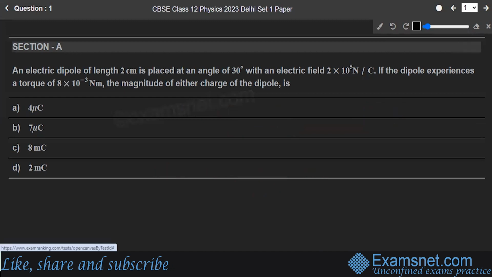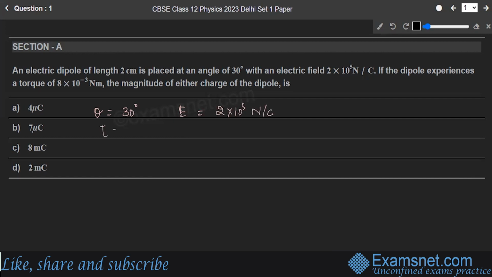It says an electric dipole of length 2 centimeter is placed at an angle of 30 degree with the electric field given by this. If the dipole experiences a torque of this much, the magnitude of either charge of the dipole is. All right, let's write down. First of all, you are having the angle theta, this is 30 degree. You are having E as electric field as 2 into 10 raised to power 5 newtons per coulomb.